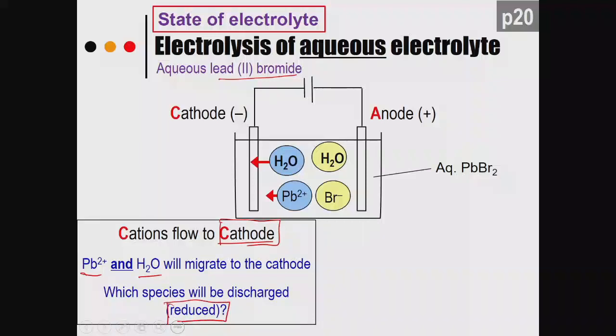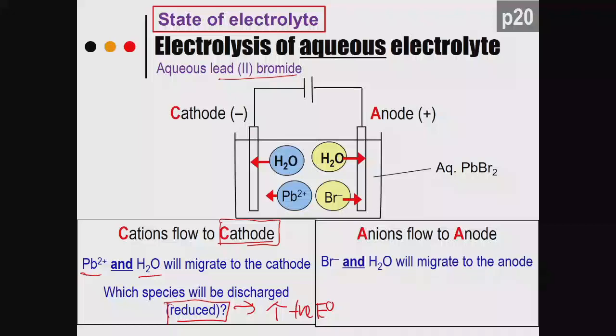To decide which one is reduced, we need to look at the E0 value. For a reduction reaction, we always look for the more positive E0 value. The one that is more positive will be the one that is discharged, the one that will be reduced. Then for the anode, anions will be attracted, Br- and H2O.